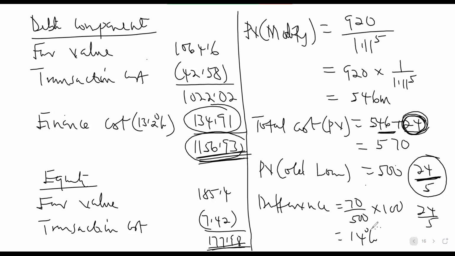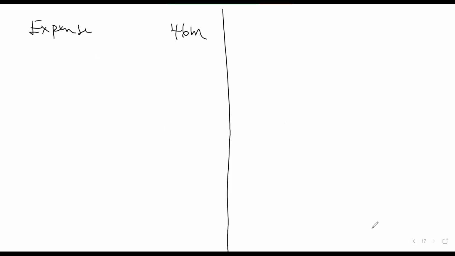So we are going to be recognizing an expense of 46. But if you recognize the expense of 70, it means that the transaction cost is just a one-time expense. There's no problem with that too. But since the loan is going to be there for 5 years, it will be acceptable if the transaction cost is also consumed over the 5 years.